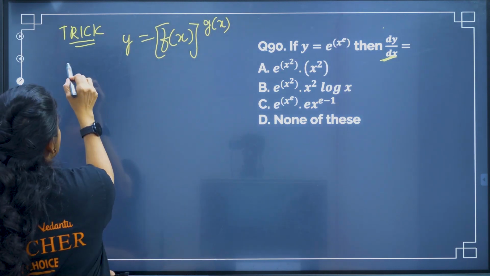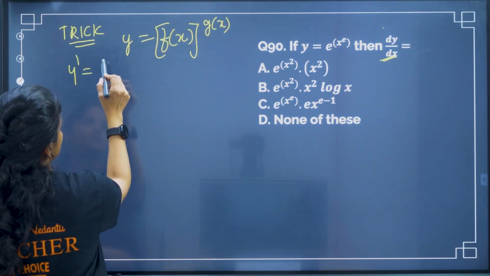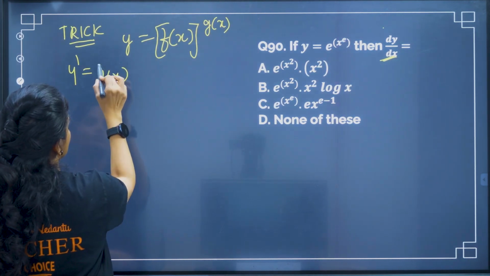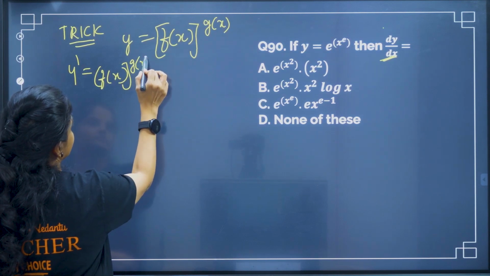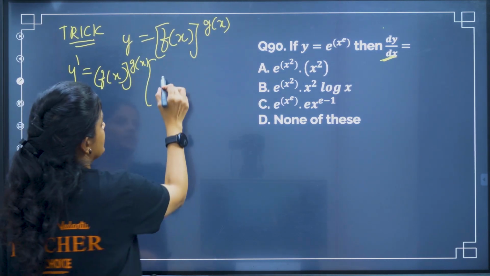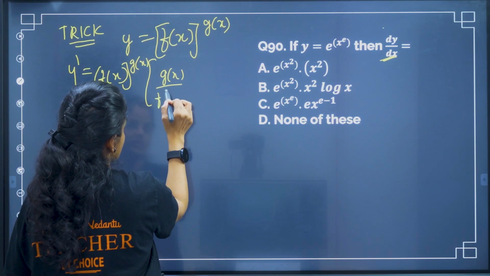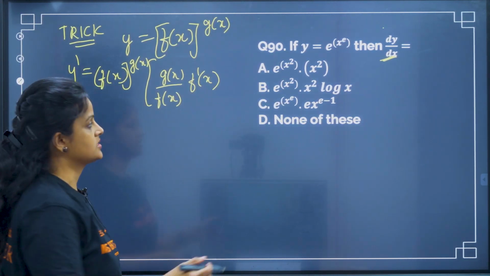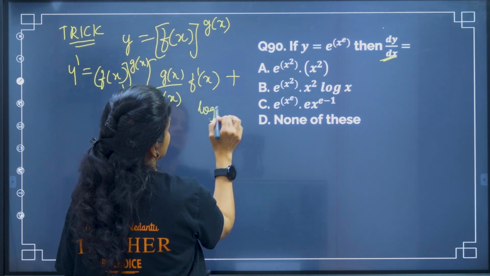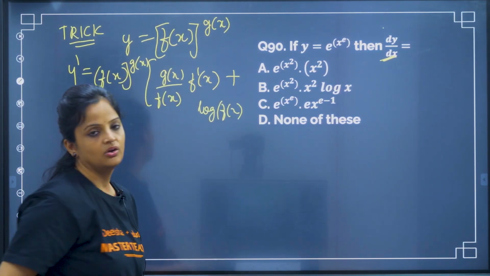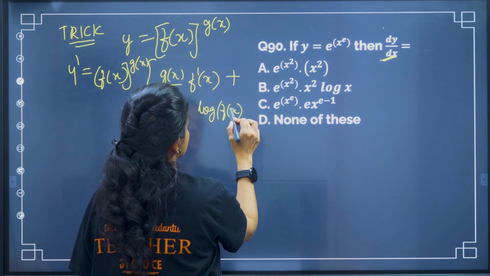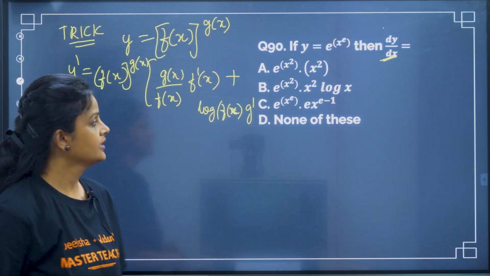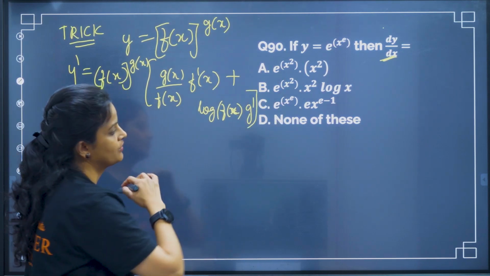Because one or the other question will have this form and it will help you. So dy by dx, what I am going to do here, I'll take f of x whole to the power of g of x as it is, then g of x divided by f of x and its differentiation, plus log of f of x and differentiation of g of x, that is g dash.